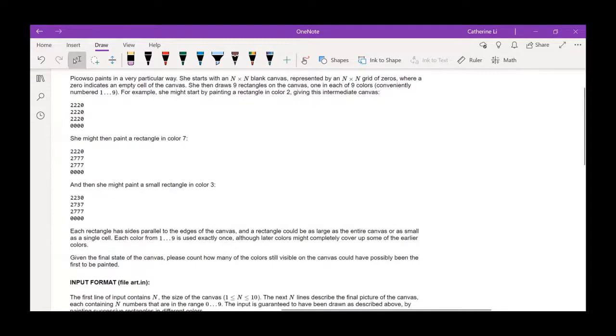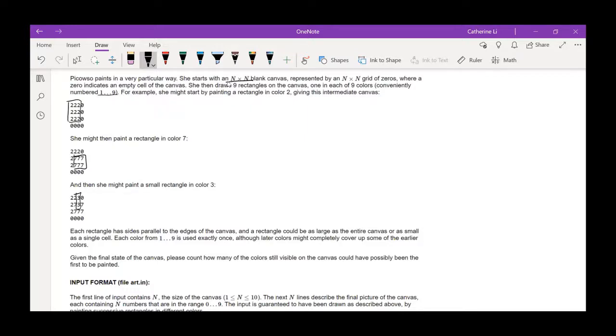Basically if we summarize this, we have this n by n grid, and then a cow or a painter is drawing a bunch of different rectangles and basically painting over whatever was there before with different colors.